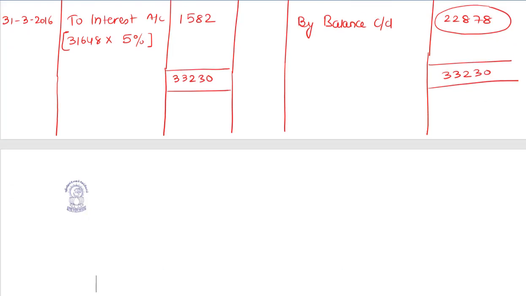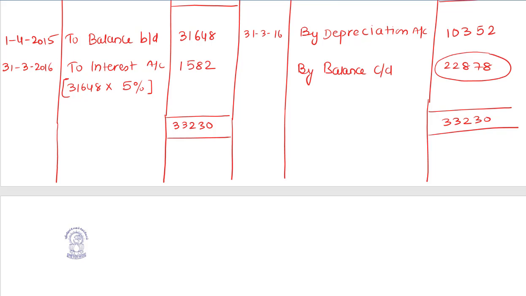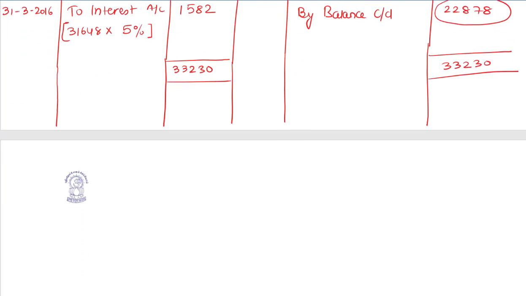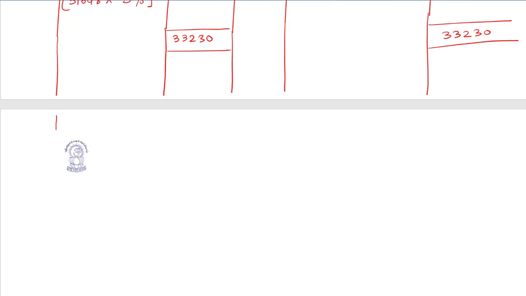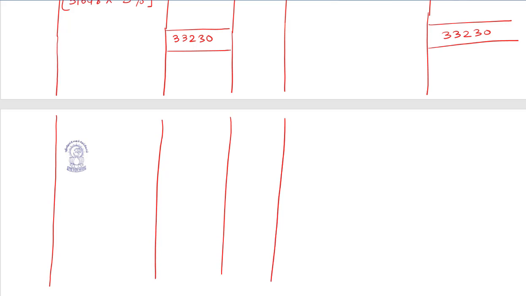Let us continue. Stretch these lines a bit. 1st April 2016 to balance brought down 22,878.